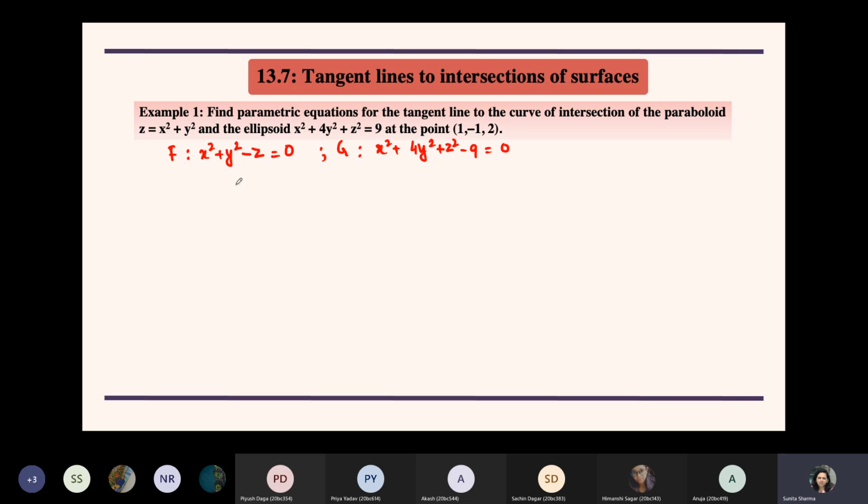Using these two expressions, I'll find the gradient of f at this point (1, -1, 2).